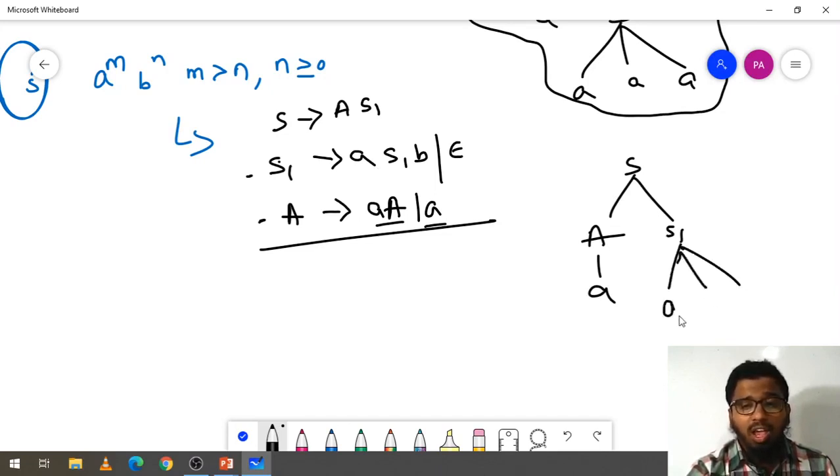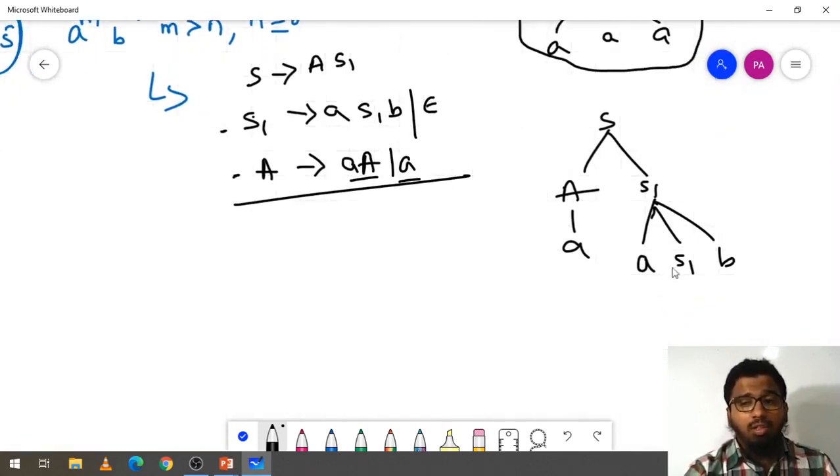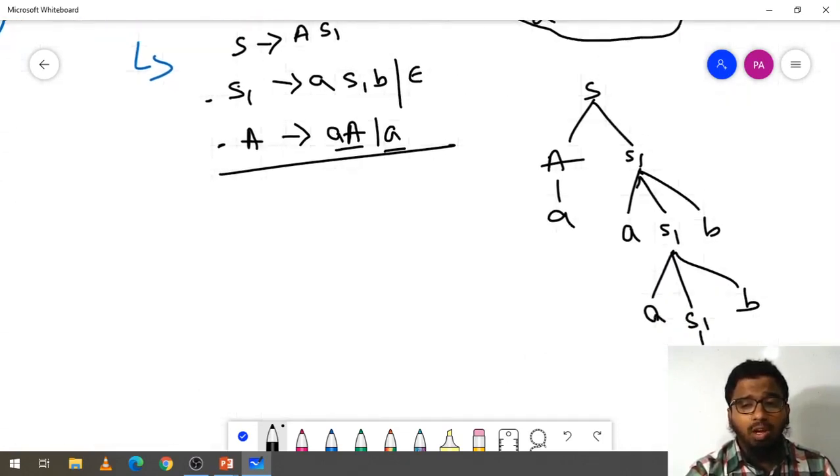A, S1 and B. S1 again you can divide, 1, 2, 3 is up to you. A, S1, B. If I want to terminate this S1, I will take the epsilon.